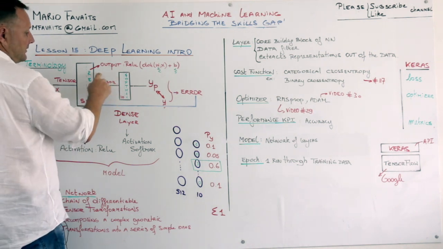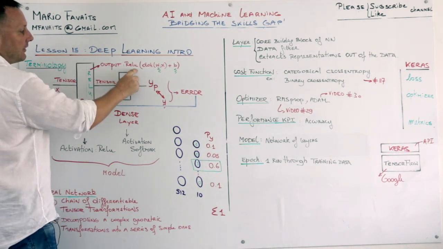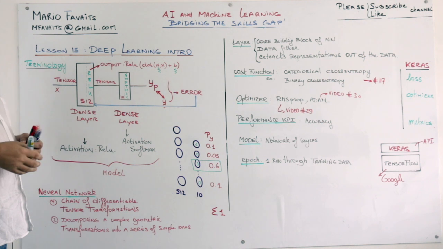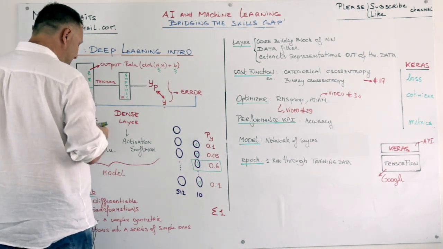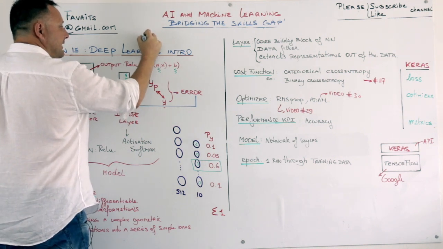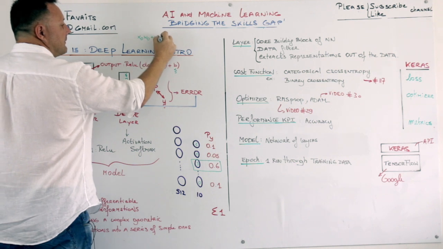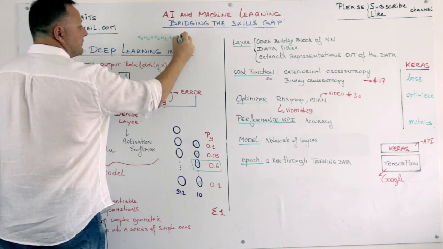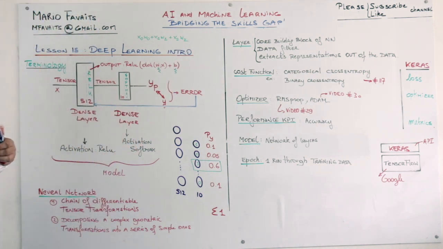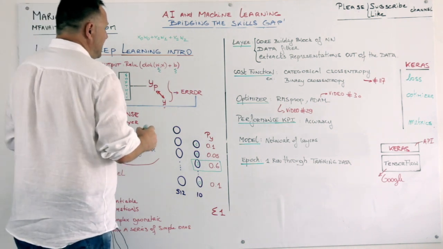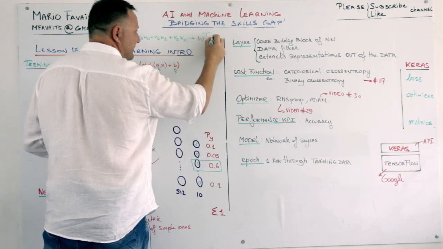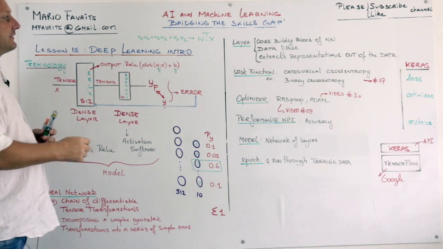Now, the output of this first layer is ReLU of dot product of W and X plus B. It looks complicated, but it is not. Remember, in the perceptron, we had X0 W0 plus X1 W1 plus X2 W2, and that was your output. Remember, we had 3 inputs, X0, X1, X2. And of course, this we can write in vector form, and this we've also seen. This is W transpose X, the dot product of that.